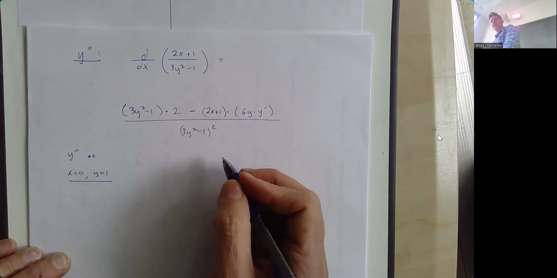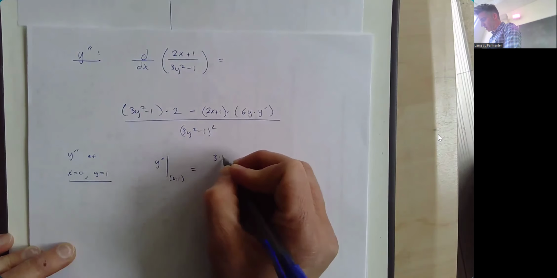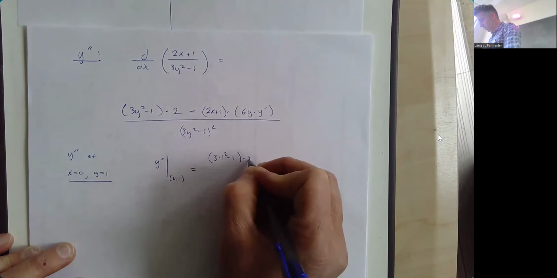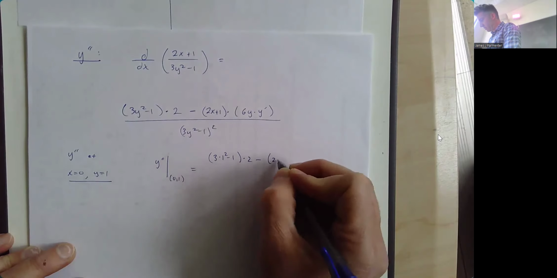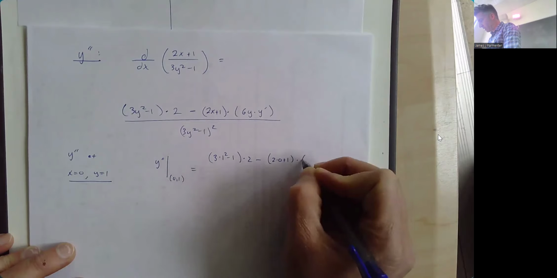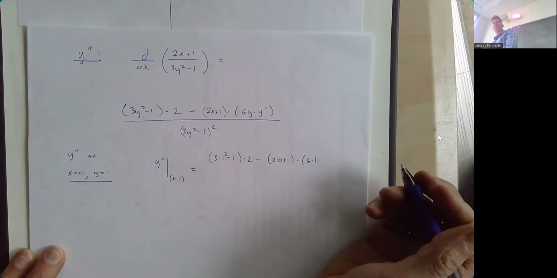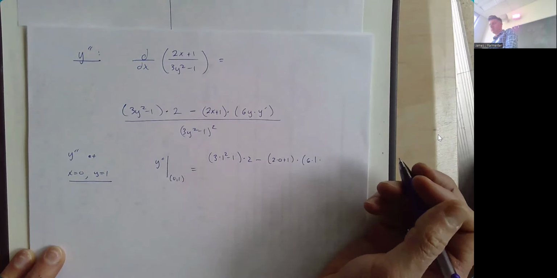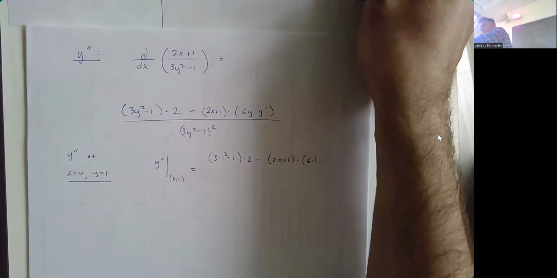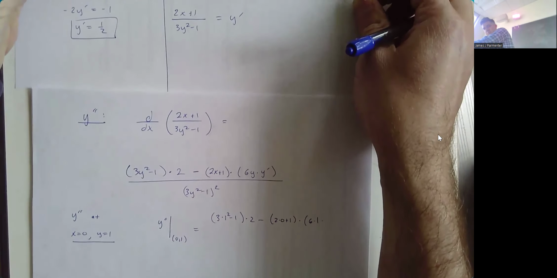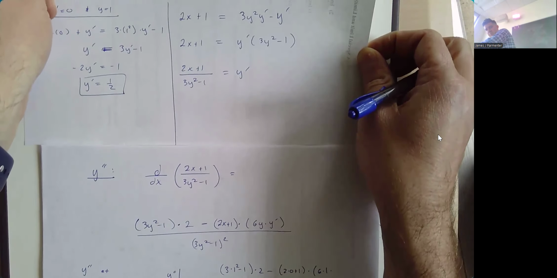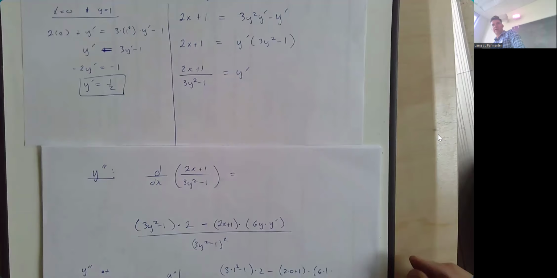If I start plugging in, watch. y double prime at (0, 1) is equal to 3 times 1 squared minus 1, times 2, minus 2 times 0 plus 1, times 6 times 1 times, what's y prime at (0, 1)? We did it already. It was 1/2.